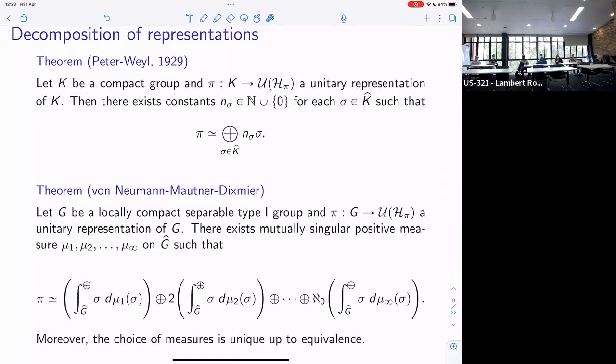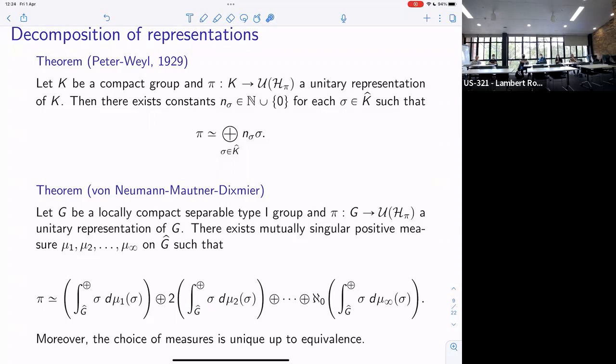So for compact groups and locally compact separable type 1 groups, we can always reduce the study of general unitary representations to solely understanding irreducible unitary representations and understanding the unitary dual of our group.